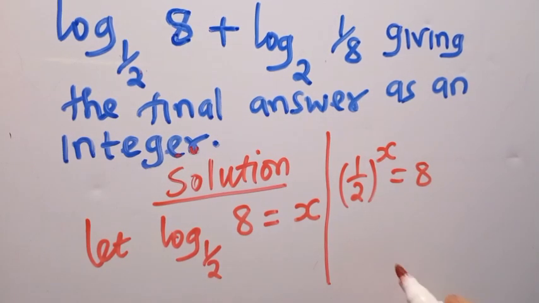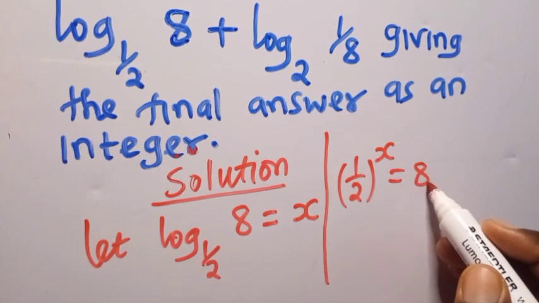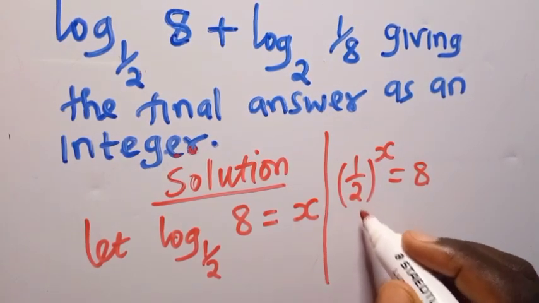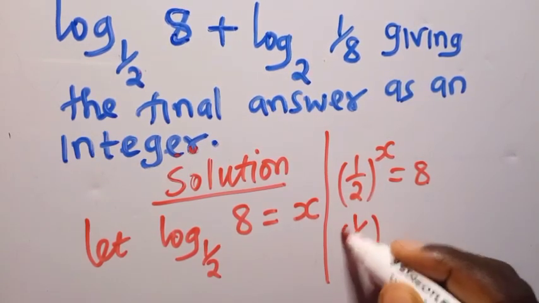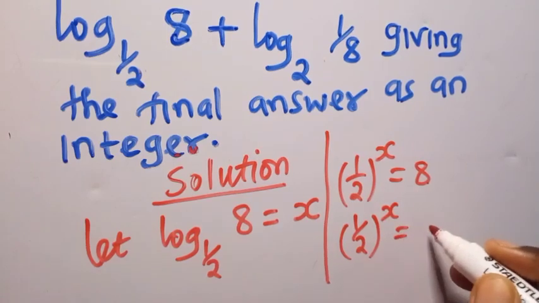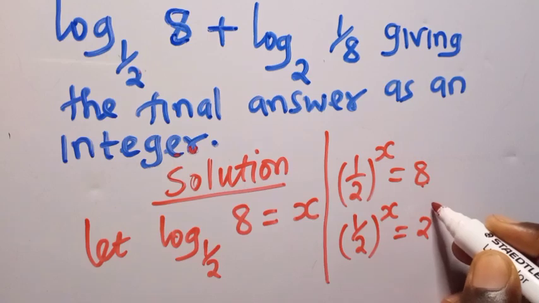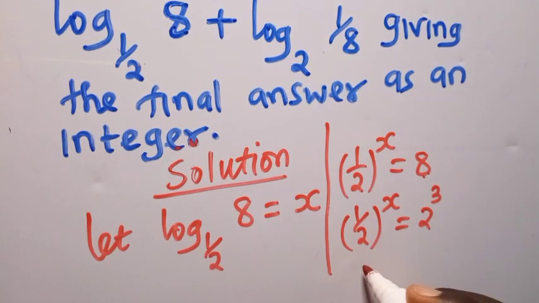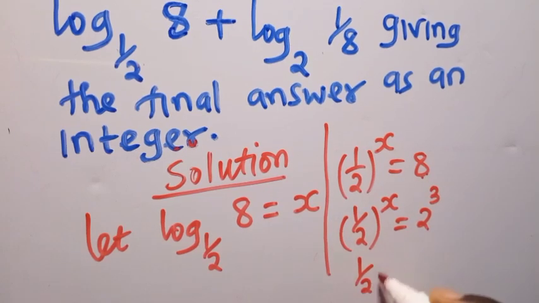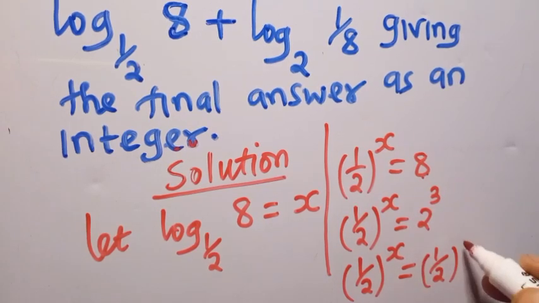Since we have a half raised to x equals 8, instead of 8 we can write 8 as 2 raised to 3. Then we will have a half raised to x equals a half raised to negative 3.